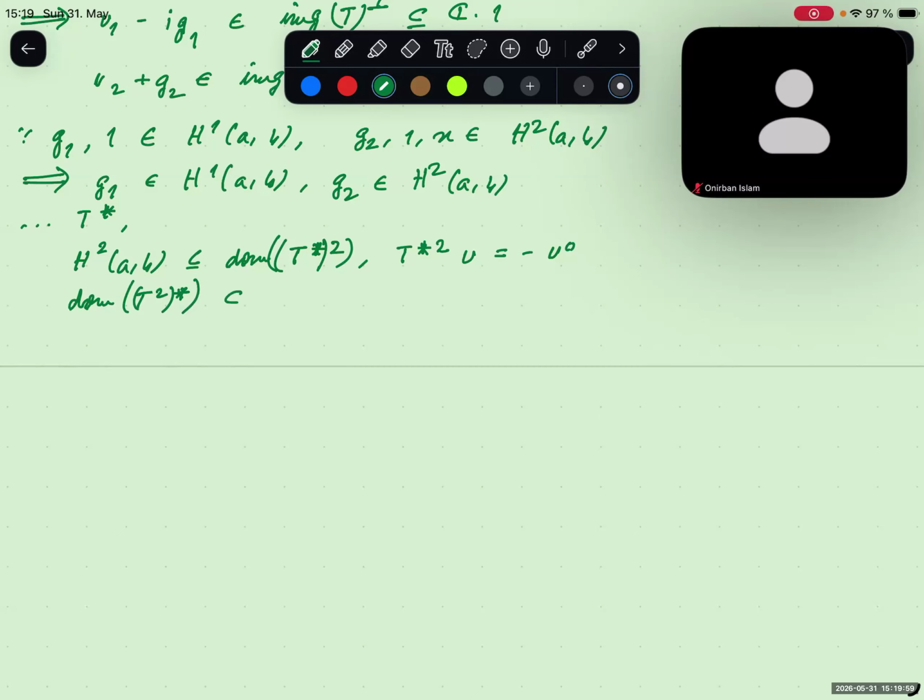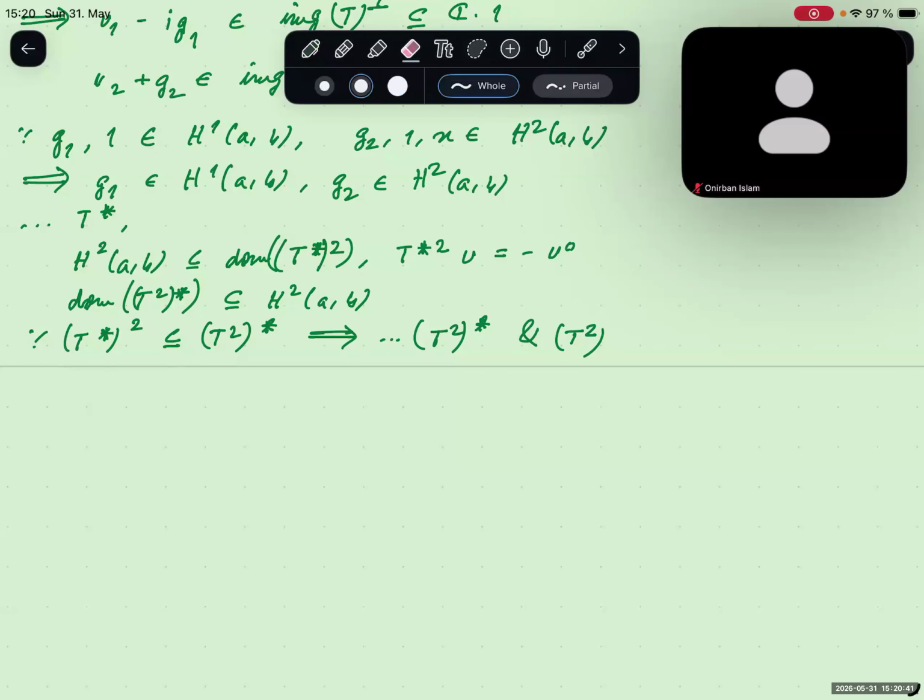This is definitely a subset of H2 AB, and since T star square is a restriction of T square star, by the general properties of adjoint, we have the assertions for both T square star and T star, sorry, the other way around, T star square. Okay, and that proves the lemma.